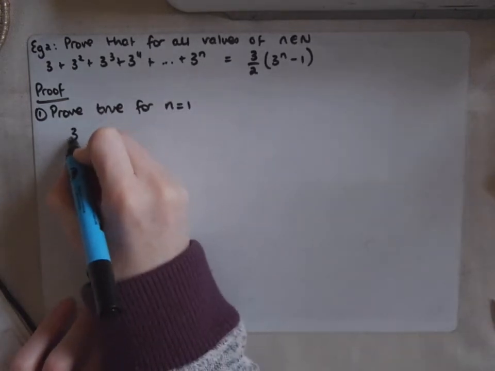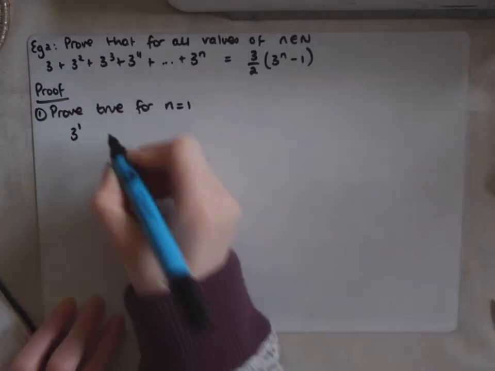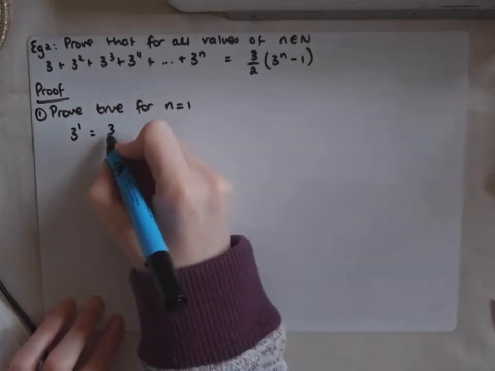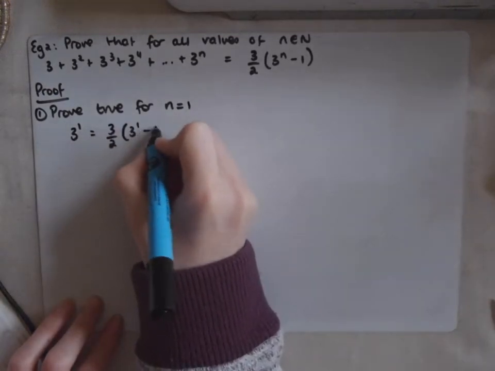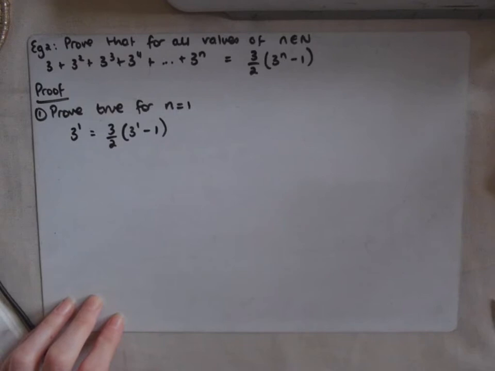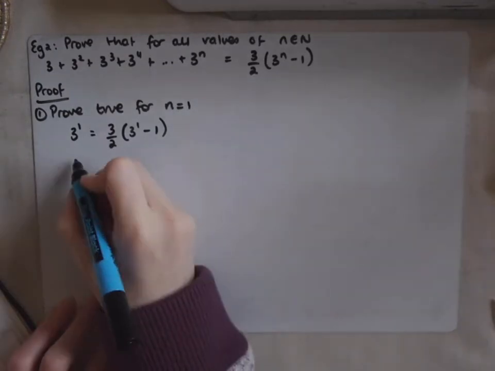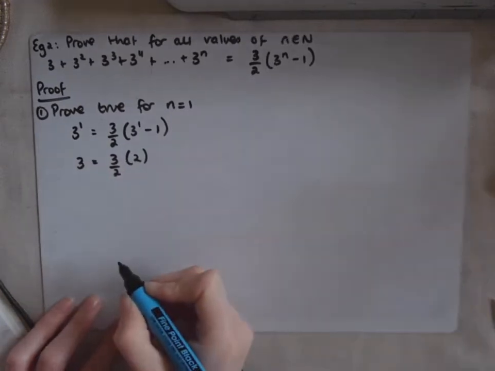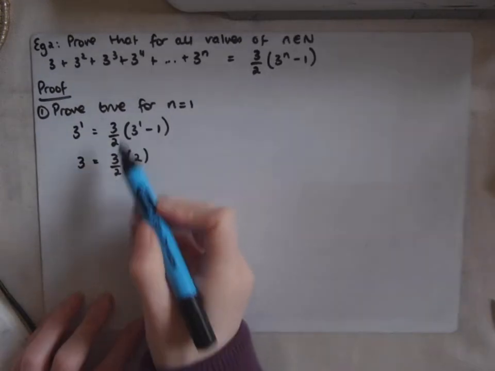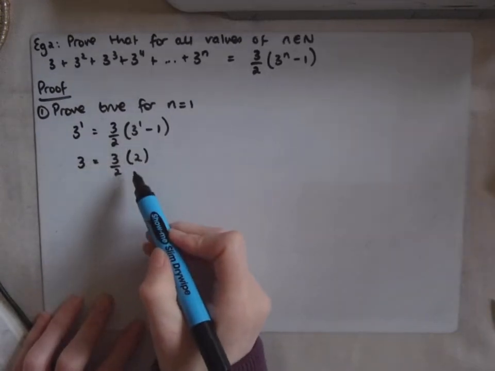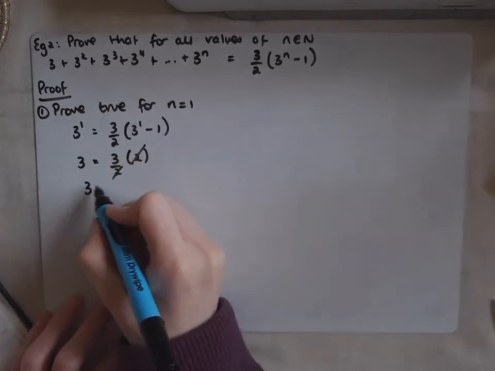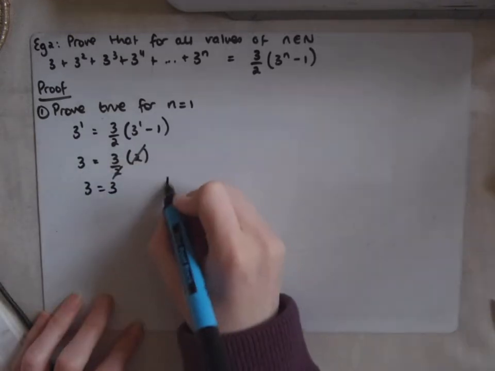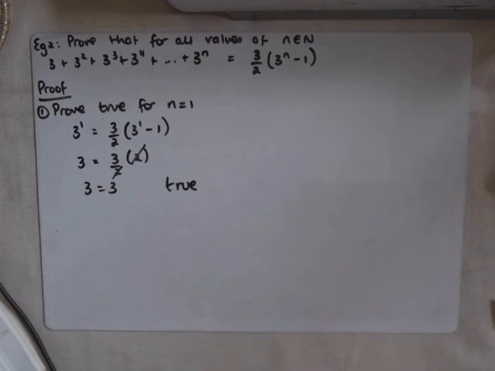So 3 to the power 1 is equal to, and on the right, 3 over 2, 3 to the power 1 minus 1. So you get 3 is equal to 3 over 2 times 2, and my 2's cancel. 3 is equal to 3, so that's true. So that's step 1.